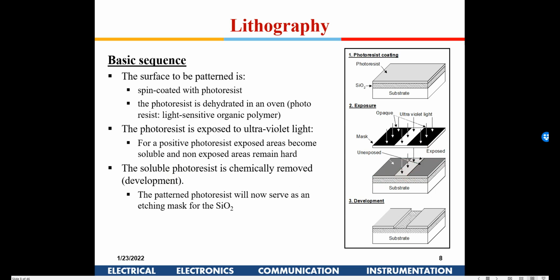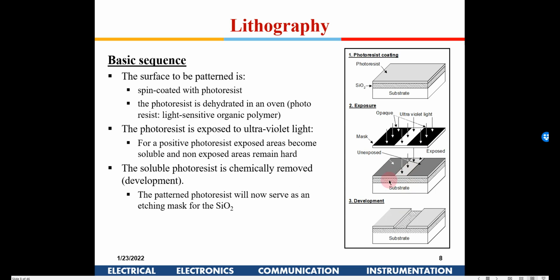For a positive and a negative photoresist, the developers will be different, and accordingly some portion of the photoresist will be washed away. If you see here, after washing away, you remove the photoresist. Essentially, the photoresist saves wherever it is hardened.